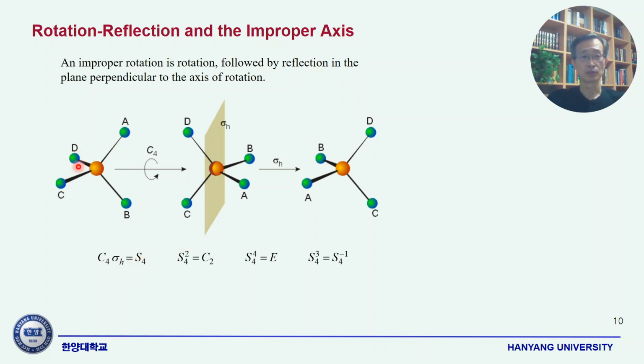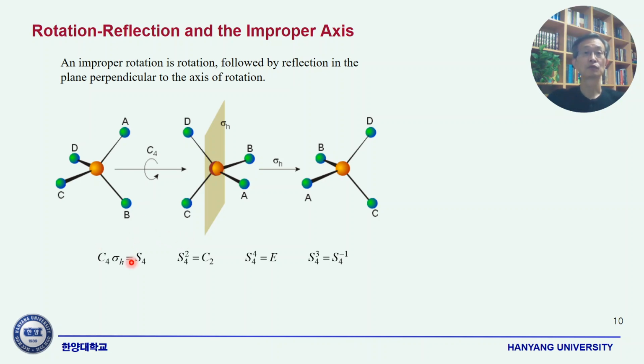You will see the S4 operation take this conformation to that conformation. So S4 is basically C4 and sigma H. What we have actually done is sigma H C4 in this case, so the operator closest to the operand acts first.